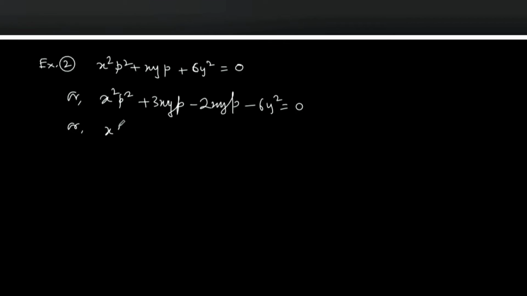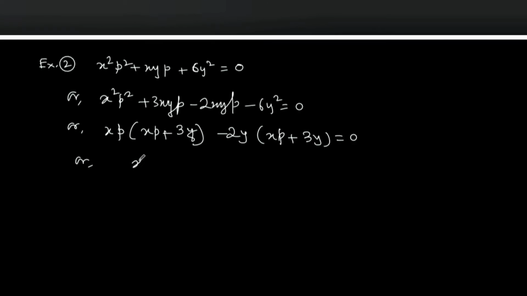Take common xp, we'll get xp(xp plus 3y), and take 2y common, minus 2y(xp plus 3y) equals 0, or (xp plus 3y)(xp minus 2y) equals 0.